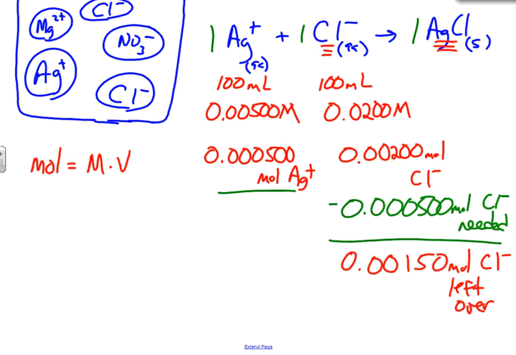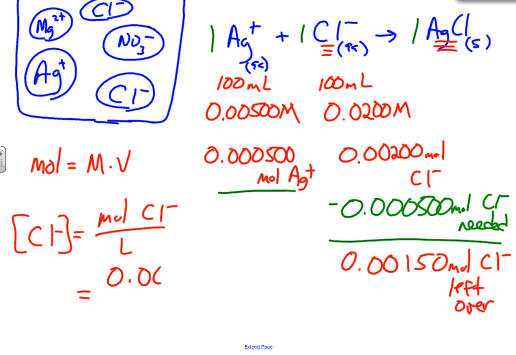So we can go ahead and solve the first part of the question now, where it wants to know the concentration of the chloride ion. So the concentration of the chloride ion, this is moles per liter, would be moles of the chloride ion divided by the liters of the solution. So we just solved for the moles of chloride ion that were left over. So that was 0.00150 moles of the chloride ion. And then the volume, at this point we need to assume that these volumes are going to be additive.